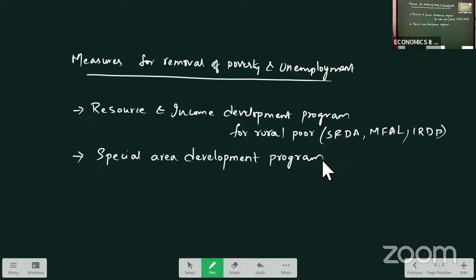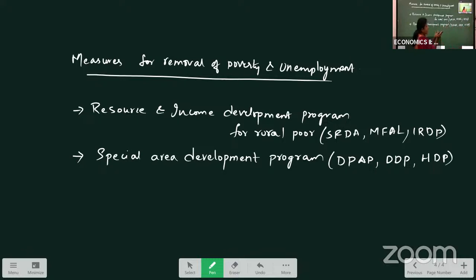These all aim at developing areas with specific purposes, like forestry and dairy development, to raise the incomes of the weaker sections of these areas.